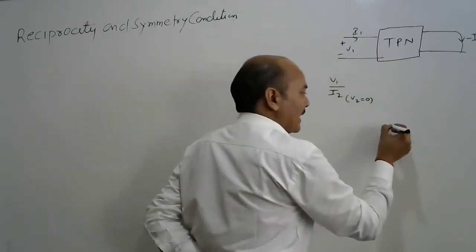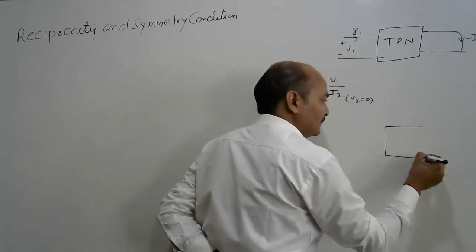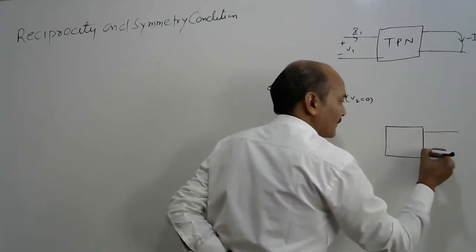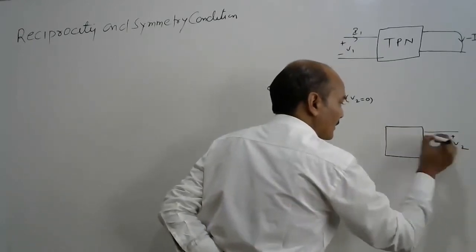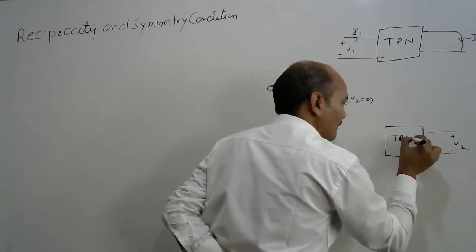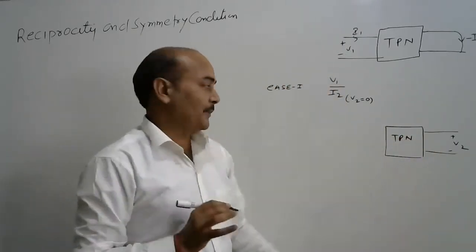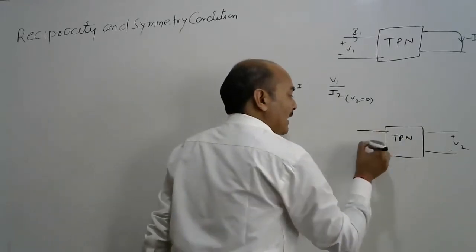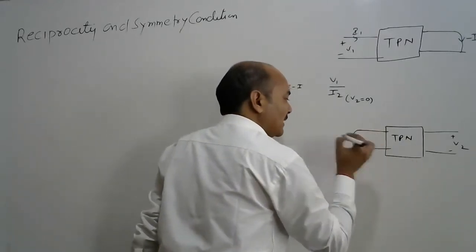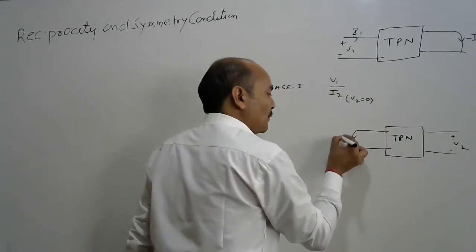In case 2, we are applying a voltage at the output terminal and calculating the short circuit current at the input port.